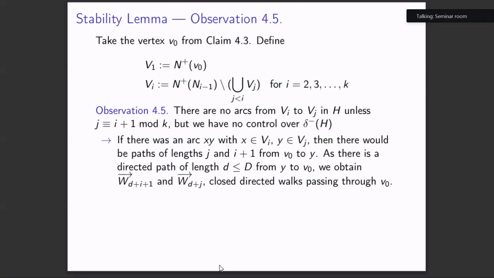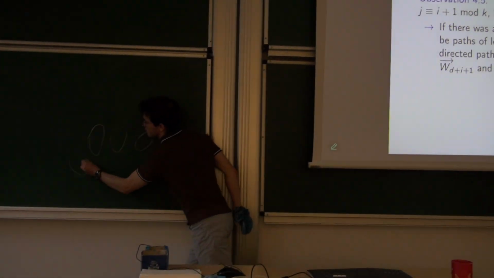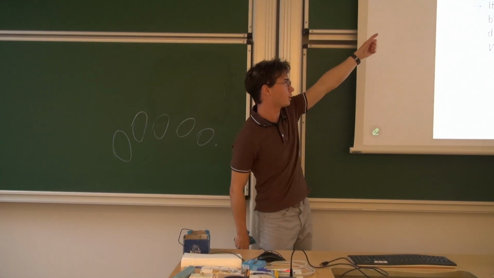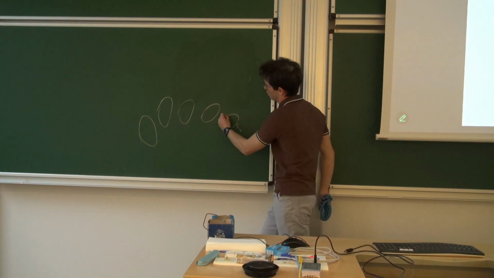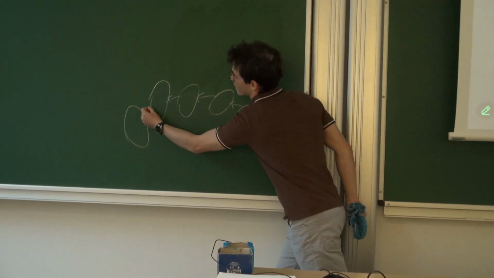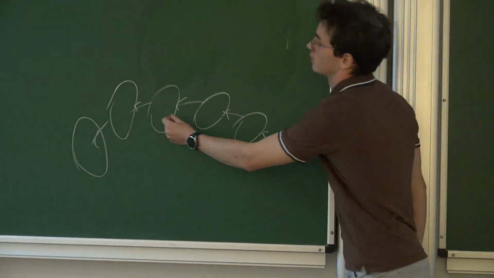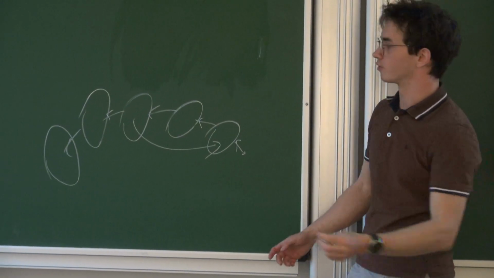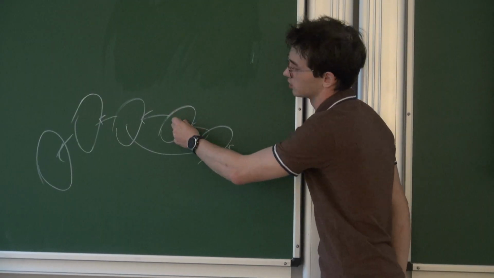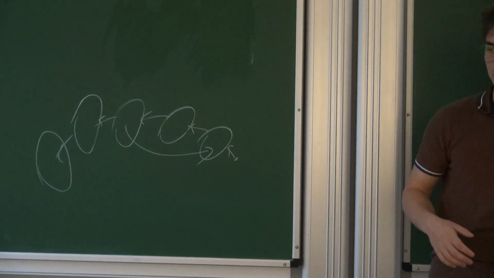The observation is simply that when we define blobs like this, notice that we are still in the even L case, and that's where it's useful. We say that there are no bad edges between, for example, like here, or edges going backwards inside of the blobs.